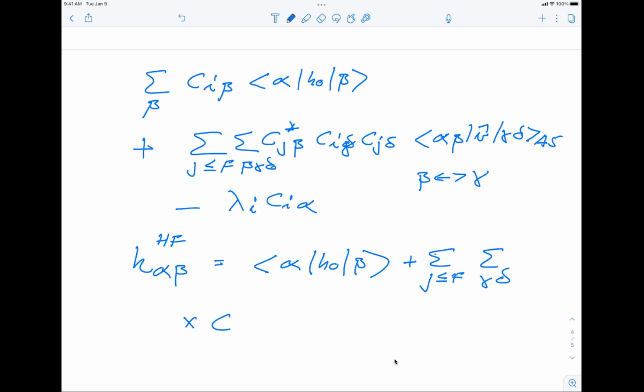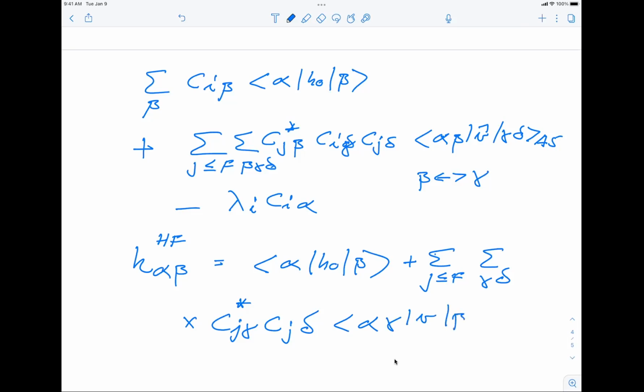So what I get then is a new quantity here, which looks like, since I have my j, so I have j and gamma, complex conjugate. And then I have a c of j, of delta. And then I have a matrix element, alpha. But now I have to be a little bit careful because I interchanged gamma and beta of b.